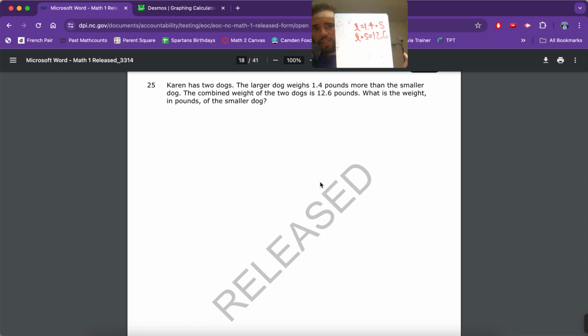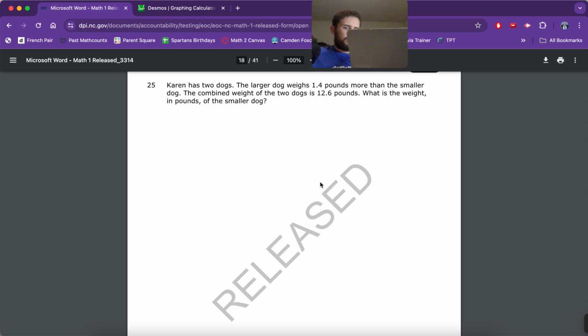Okay, so this one's another, I guess they really liked substitution on this test. You just plug in the L value, 1.4 plus S, for L in the second equation, and that already eliminates the L, so you have just S alone. So 1.4 plus S, plus the S you already had, equals 12.6. All right, so that gives you S plus S is 2S.